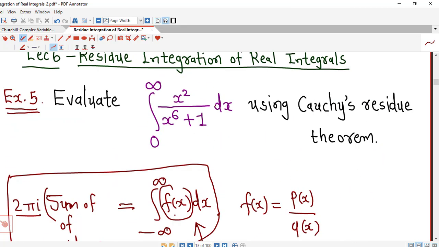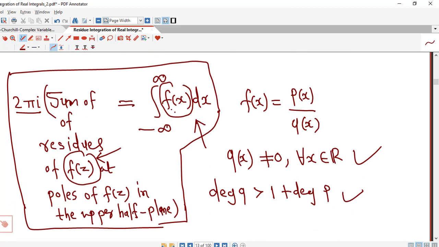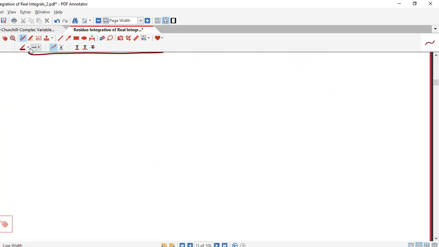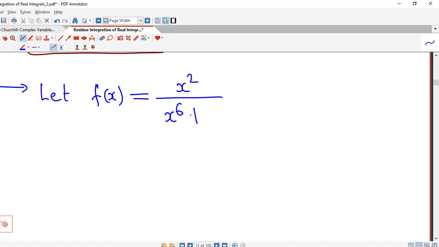With this in mind, we try to evaluate this integral. First we denote our function by f(x). So let f(x) equal the given function, x square divided by x raised to 6 plus 1.